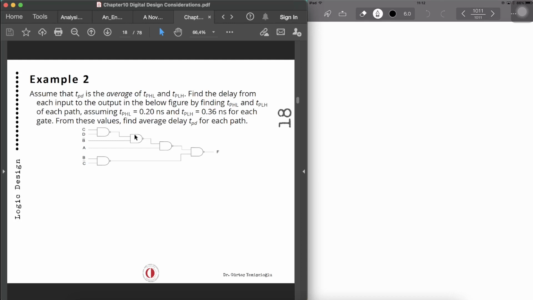Now, when we consider inputs C and D, tPD for C and D. Now, what do we have over here? We have got 1, 2, 3, 4 gates. So 4 gates are actually going to provide us 4 times 0.20, which is the high to low transition.